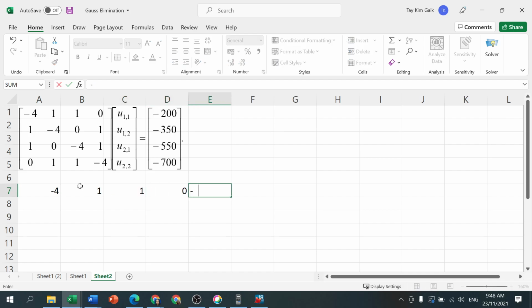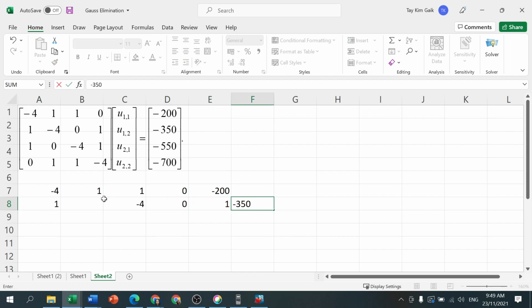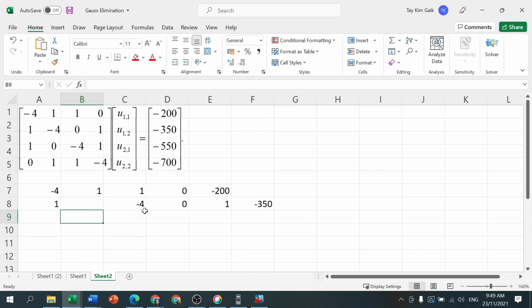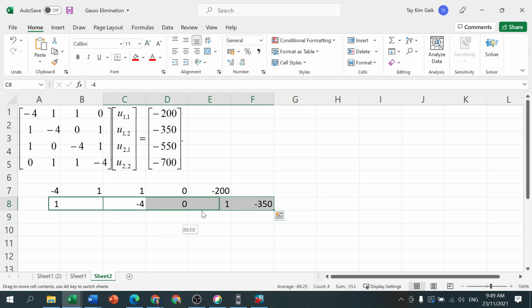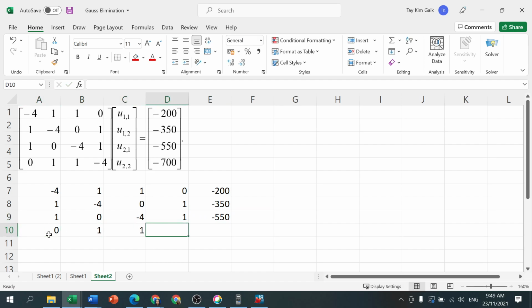This is negative 200. This is 1. This is negative 4, 0, 1. Negative 350. Then 1, 0, negative 4, 1, negative 550. This is 0, this is 1, this is 1, this is negative 4, negative 700.